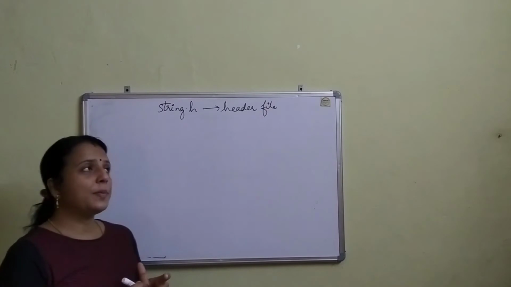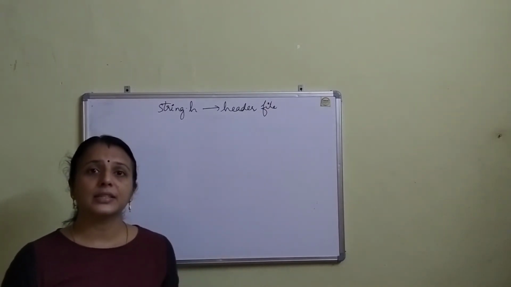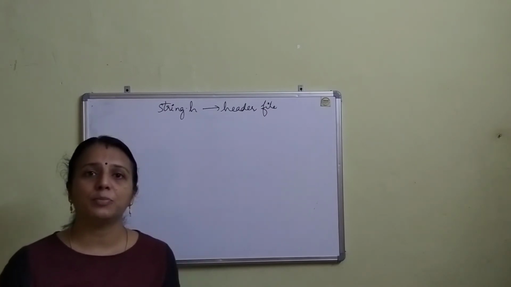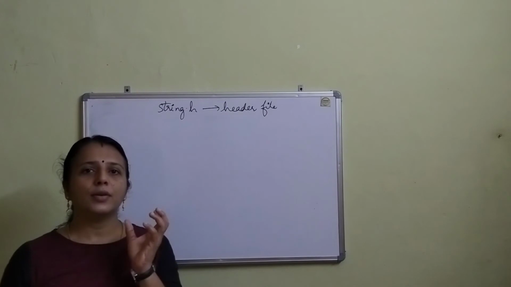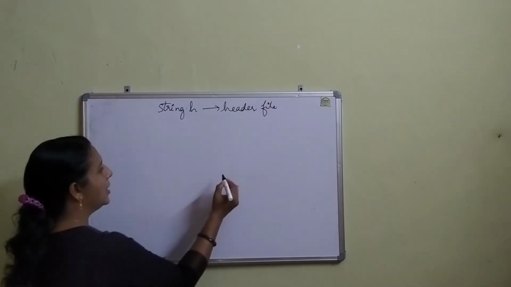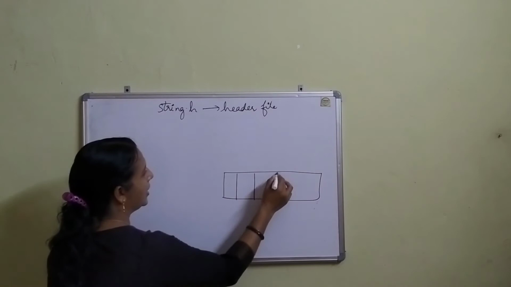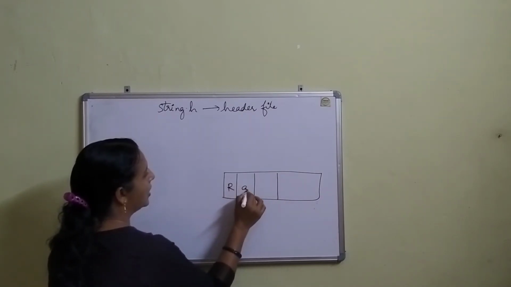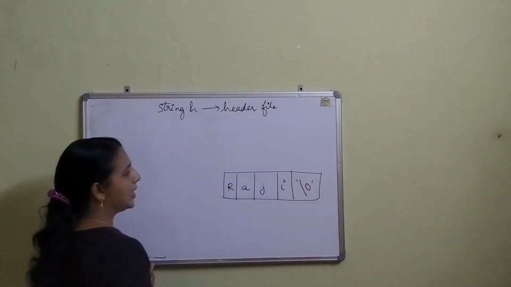Now I will be explaining one string function: how to find the length of the string that you have inputted, that you have given to your program. You have to get the length of the string that is inputted by the user. Suppose there is a character array, and in that character array this string is stored, RAJI, and this is the null character.